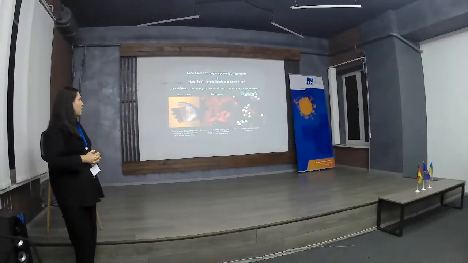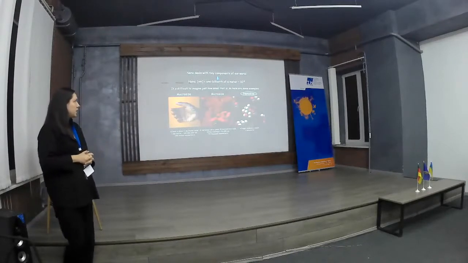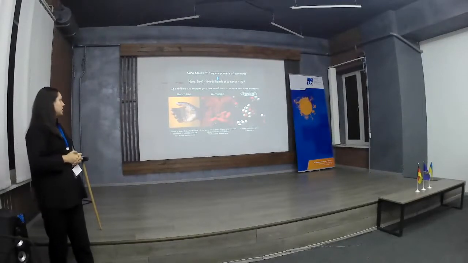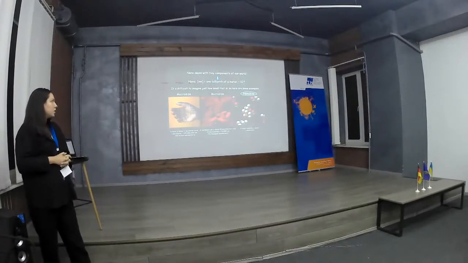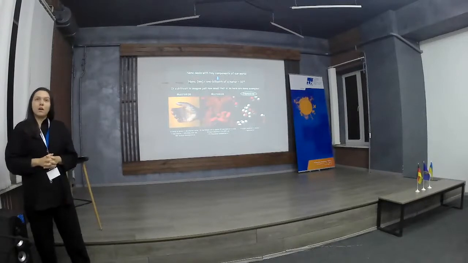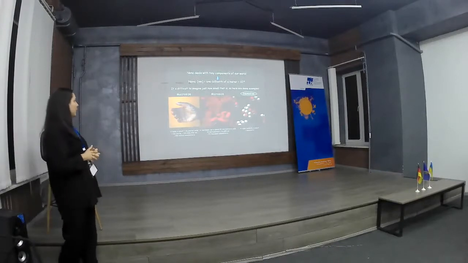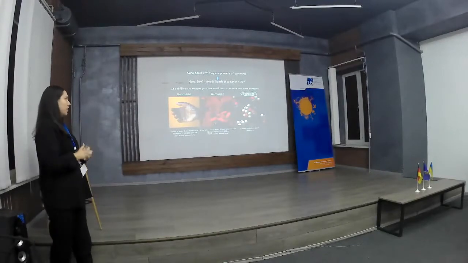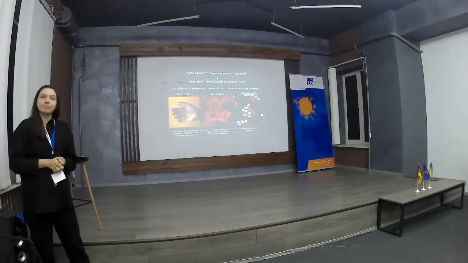So if we sum up this part, our organism consists of many different nano structures, but we cannot see them. On the other hand, we can see the result of the combination of all these nano structures. And the next slide, please.